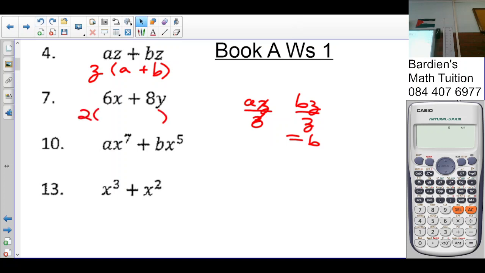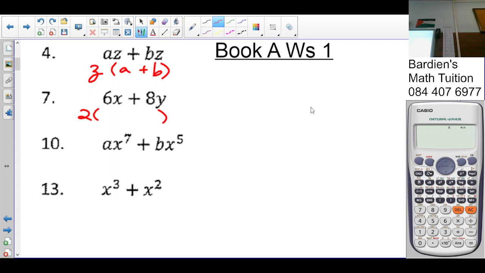So we've got 6x divided by 2. What's 6x divided by 2? 3x. Plus 8y divided by 2.